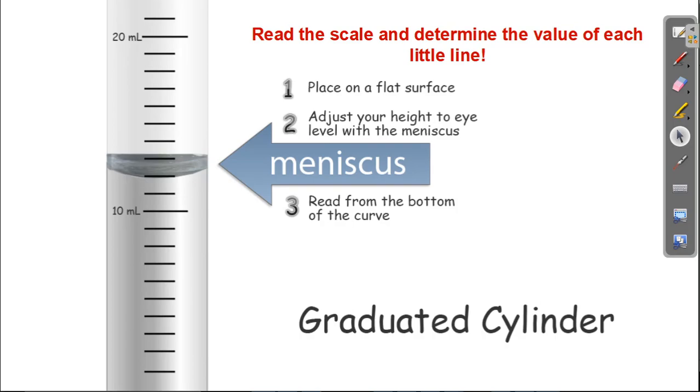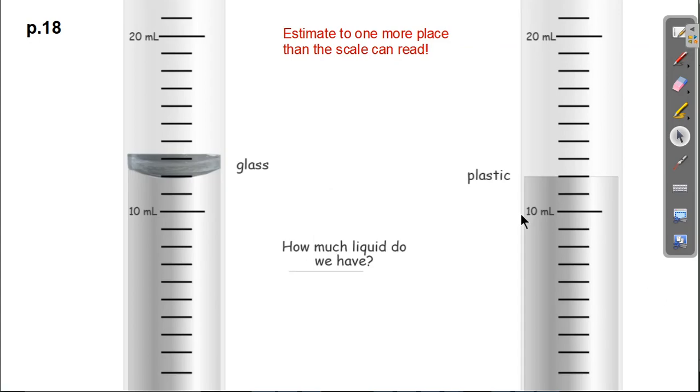The graduated cylinder needs to rest on a flat surface. The liquid needs to stop moving before you start reading the meniscus, okay? You are the one that's going to have to go down to read the meniscus. So your height is to go down, so your eye is at eye level with the meniscus. Do not pick up the graduated cylinder. That is wrong. And we are trying to train you to be a good scientist.